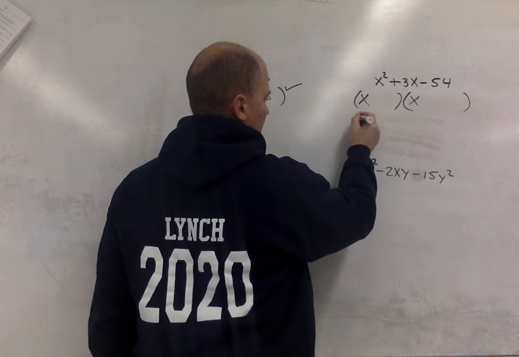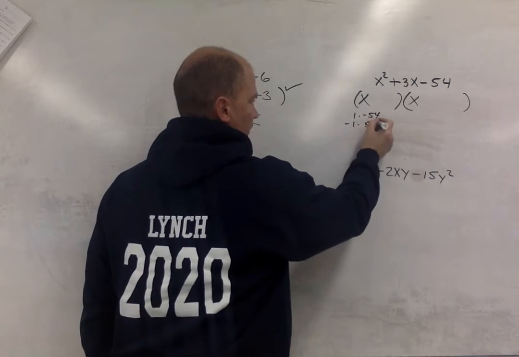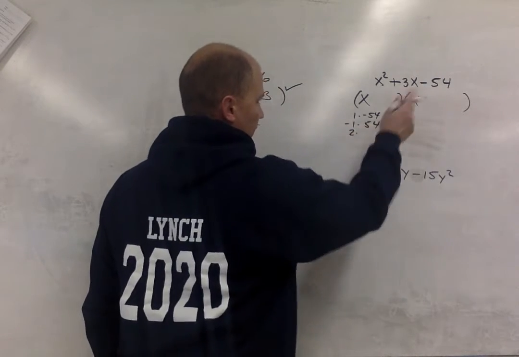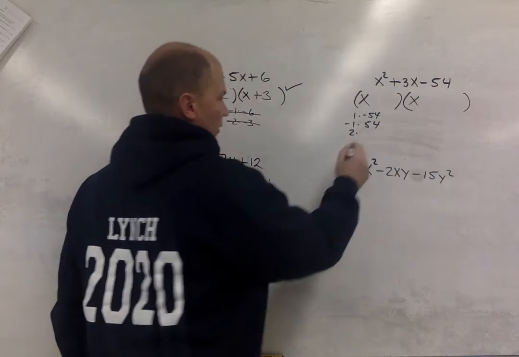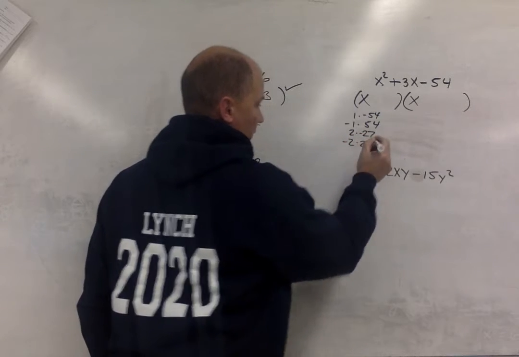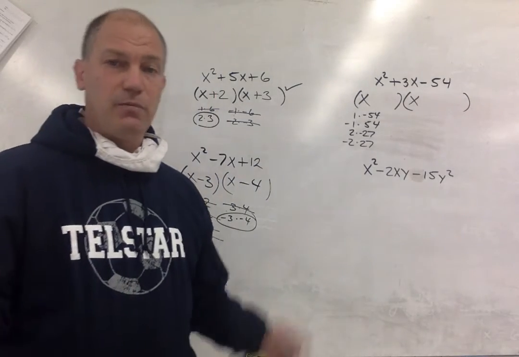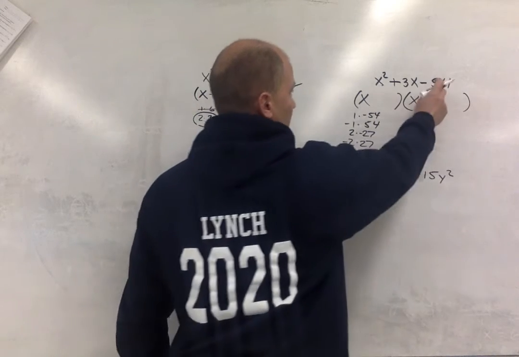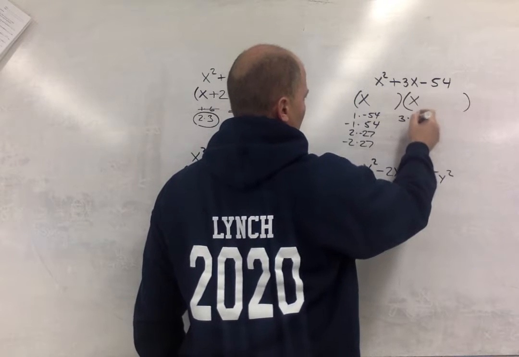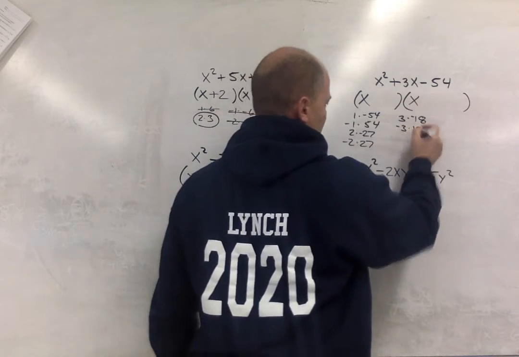I'm going to start with 1, and I'm going to think of 1 times -54, and therefore -1 times +54 is another one. 2 certainly can go into 54 because 54 is even, and that's going to be 27, so -2 times +27 will also work. 3 can go into 54 because 5 plus 4 is 9, and we know the rule for that. So 3 times 18, so -3 times +18.